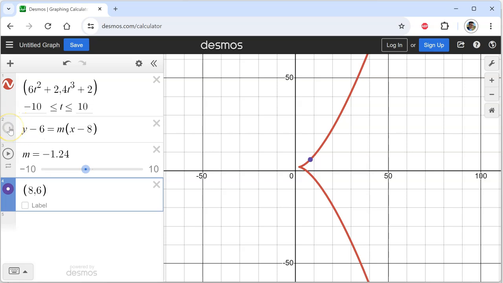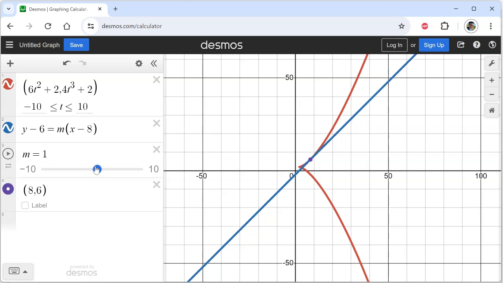So I'm going to go ahead and unhighlight this, and that will show me a line. And I'm going to have m vary, where m is our slope. And so we're trying to find places where we have a tangent line to the curve that goes through this point. And so I can see one place where it would be a tangent line, and it's here as we get to a slope of 1.